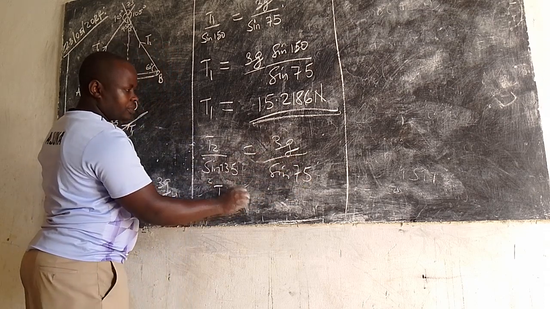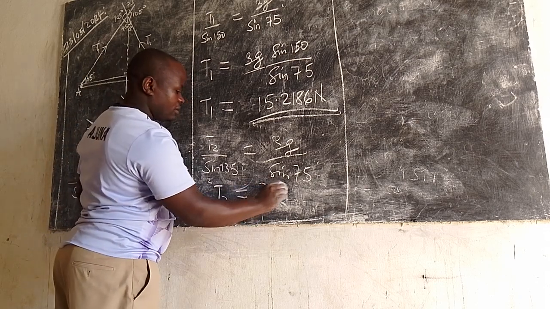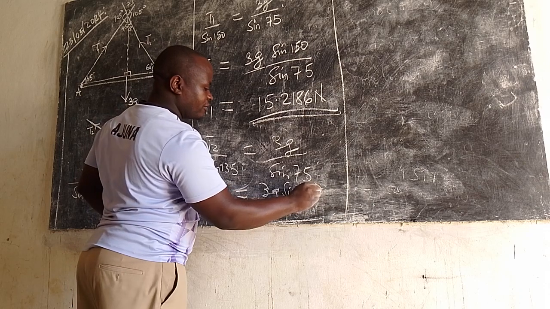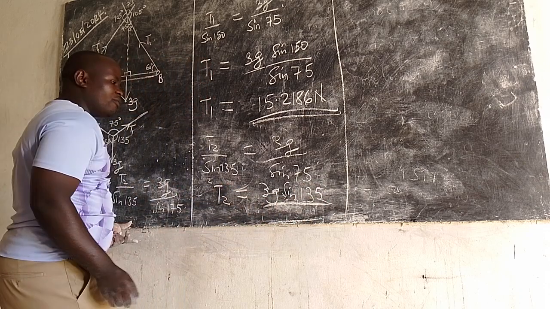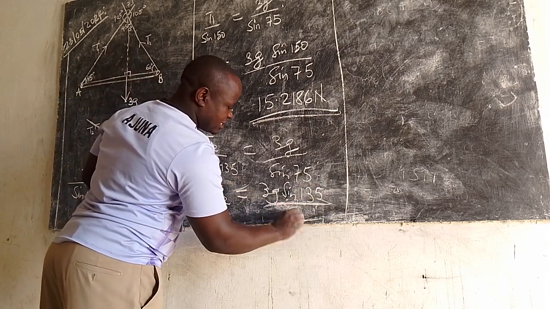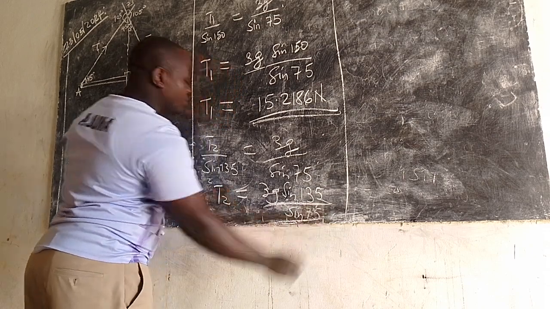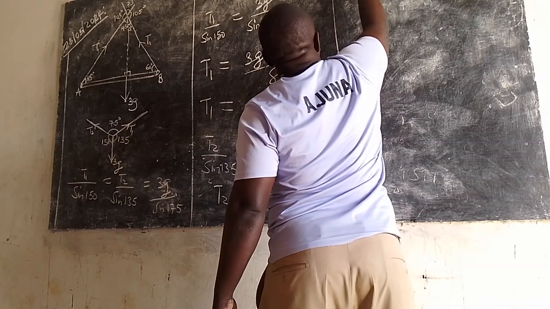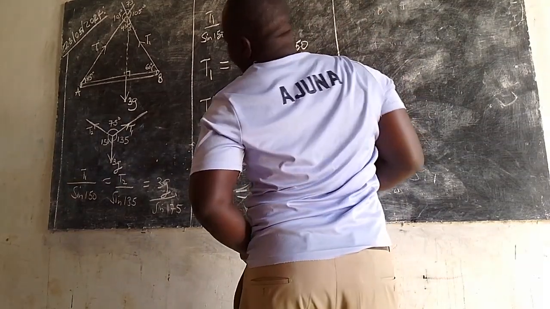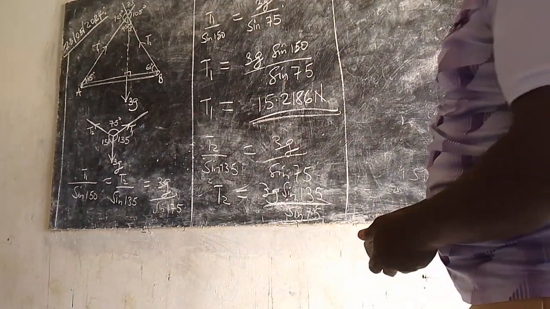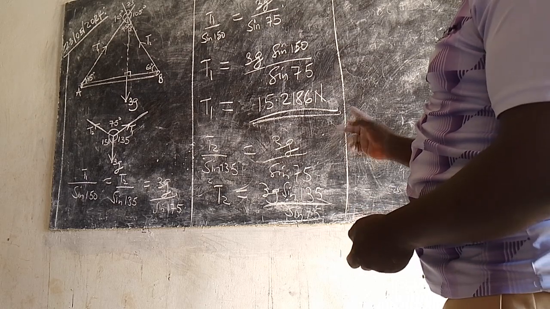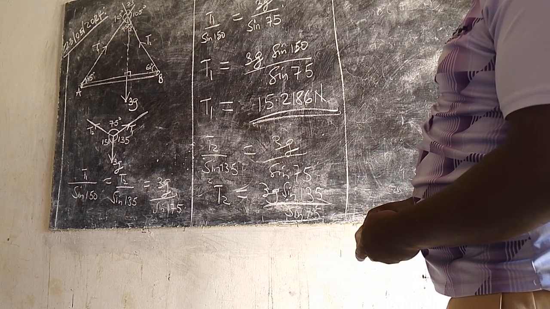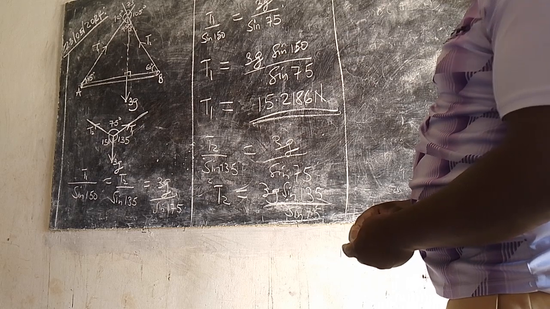So T2 is basically 3G sine 135 over sine 75. You also put it on the calculator: T2 is basically 29.4 times sine 135 over sine 75.